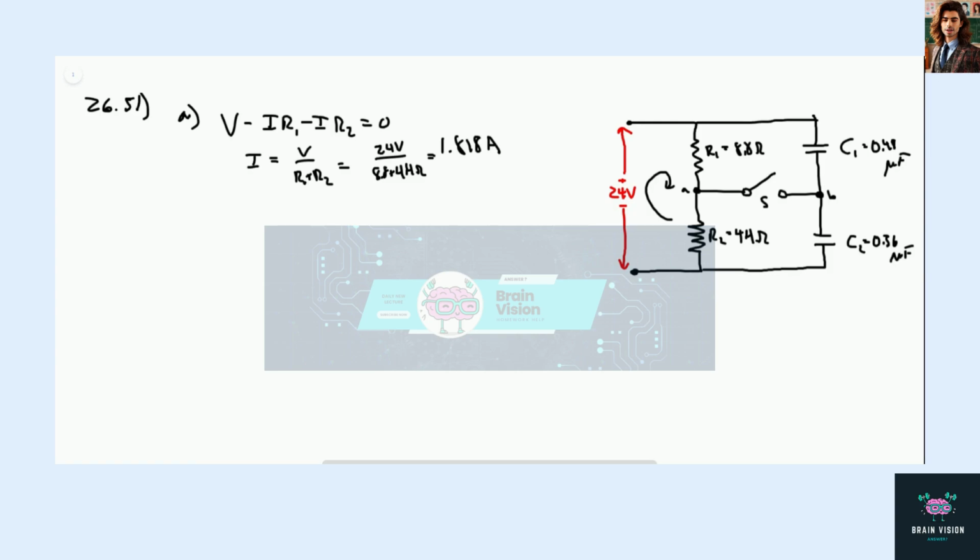We're looking for the voltage at point A, and V equals 0 is given here. So the voltage at A is the same as the voltage drop across R1, which is the current times R1.